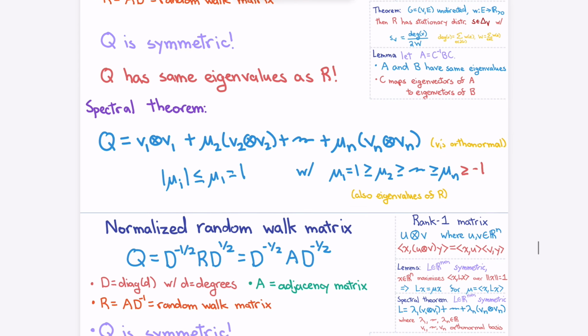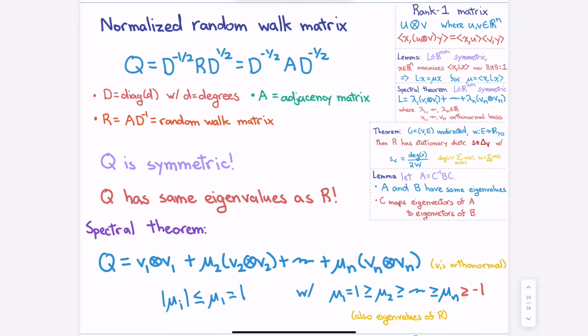Okay, so now the next question is, what does the first eigenvector look like? How can I try to figure out what the first eigenvector of Q looks like? What are some clues we have?